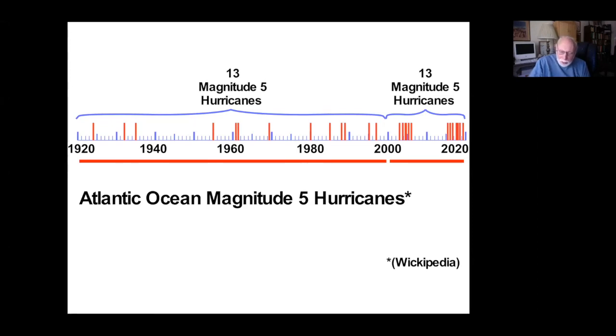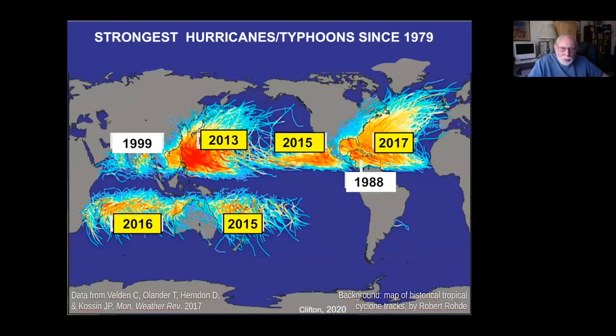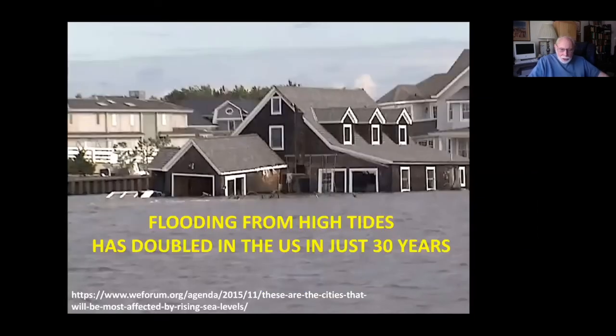So big storms are becoming more prevalent. In this study, they looked at what they said were the strongest hurricanes and typhoons since 1979. There are 7 of them, and 5 of them were in the last decade. So there's little question that the storms are getting much bigger and stronger.